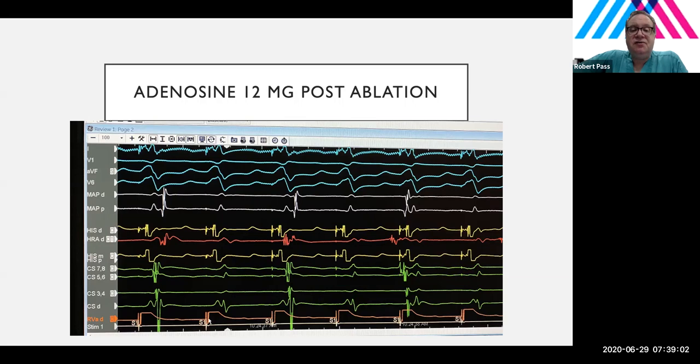We give adenosine following accessory pathway ablation because accessory pathways are not adenosine sensitive in general, and AV nodes are. And so if you block the AV node, and the pathway is also gone because of the ablation, you should see ventriculoatrial dissociation, which is in fact what we see here in this example. So it's a nice example of a successful ablation of an unusual form of a left-sided concealed accessory pathway.